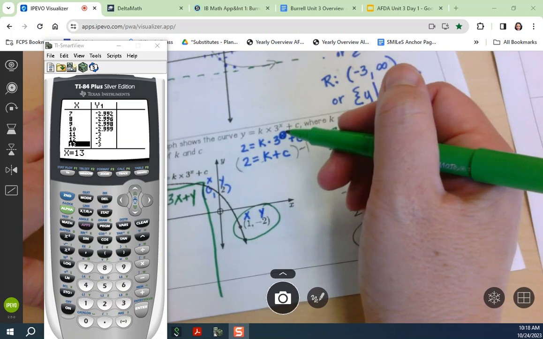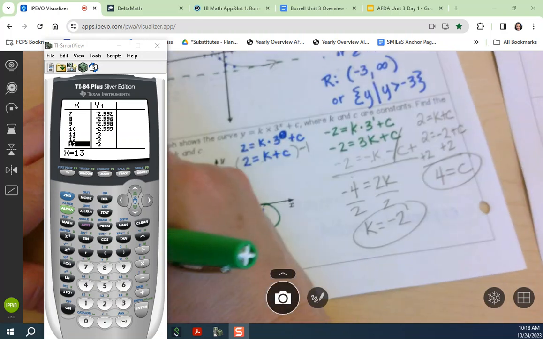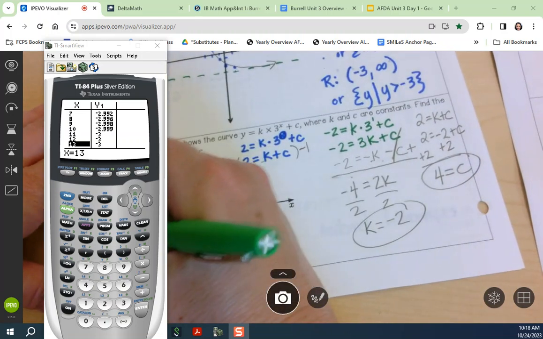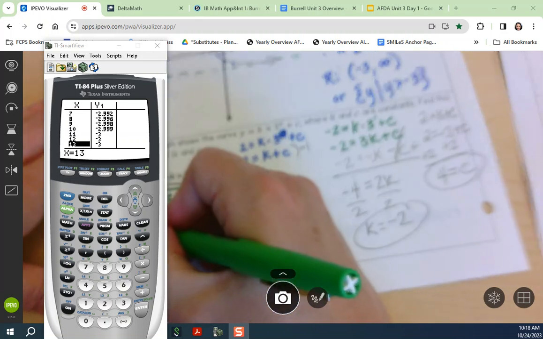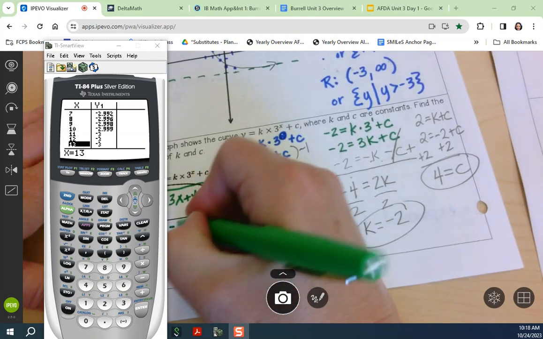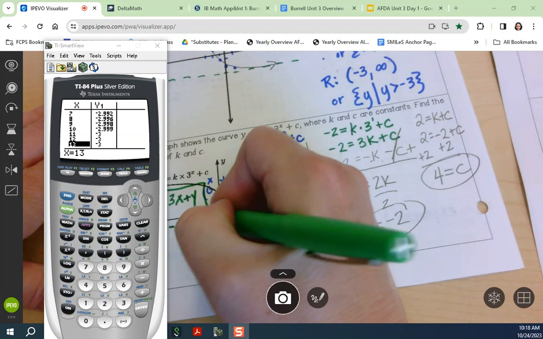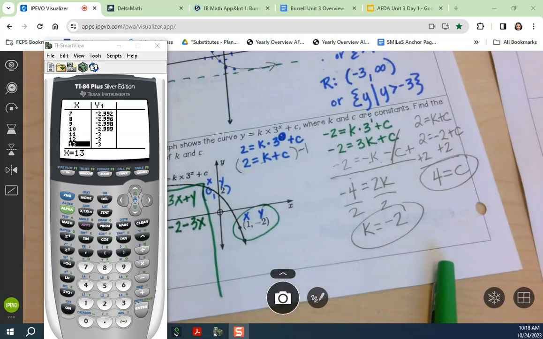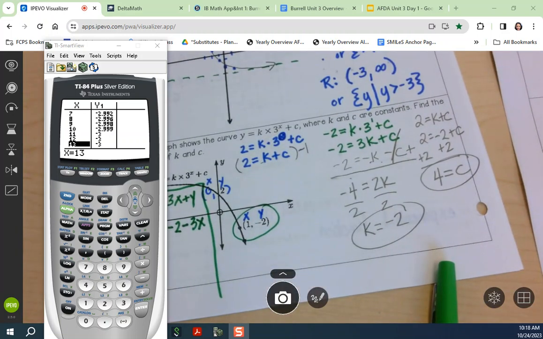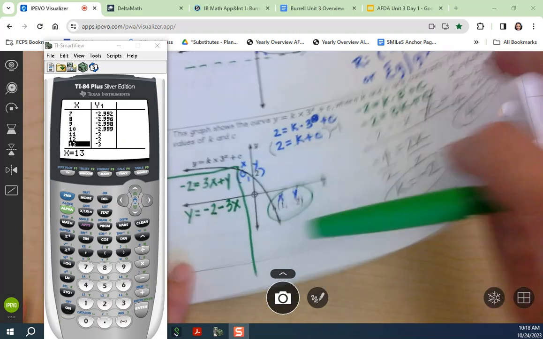I need to solve these for y in order to graph them on my calculator. So this one becomes y equals 2 minus x, and this one becomes y equals -2 minus 3x. Now I'm going to graph these on the calculator and find the point of intersection. Oh, you guys should tell me that you couldn't see that because it was behind there. Here you go.